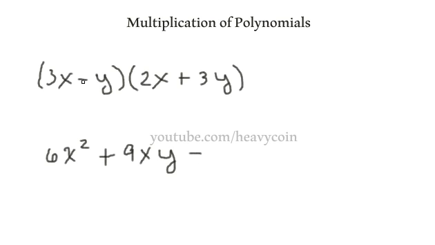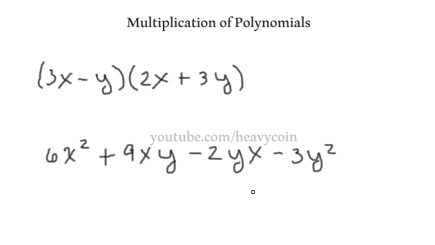Minus, because we have a minus here, y times 2x, so that's just going to give us 2yx, and then minus y times 3y, so it'd be minus 3y squared, because it's y times y is y squared.